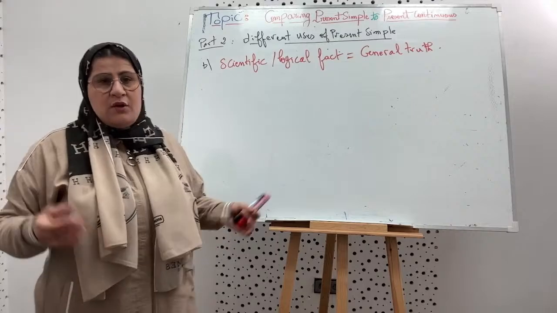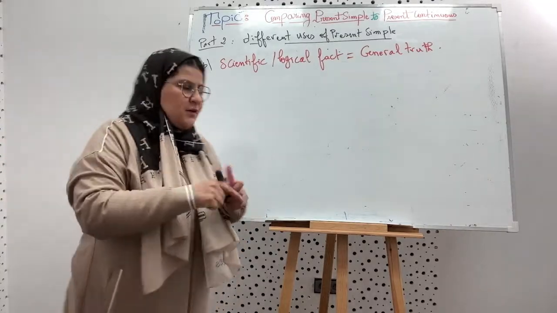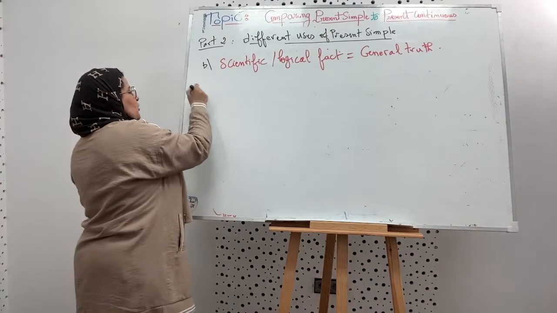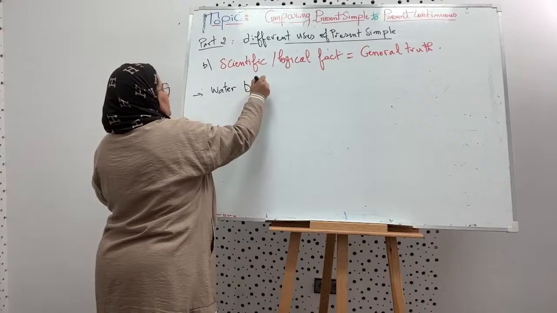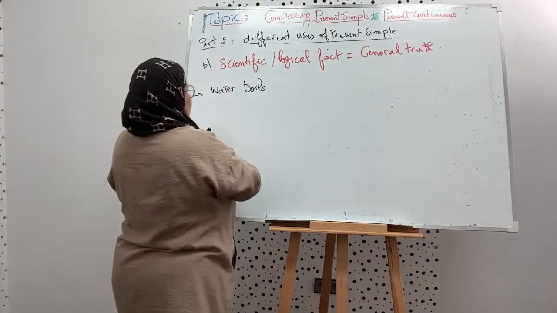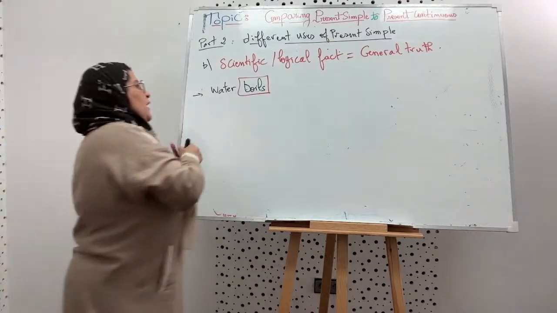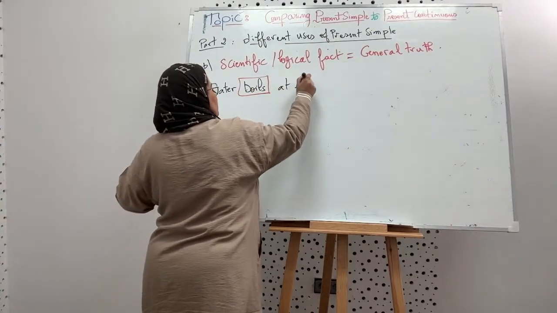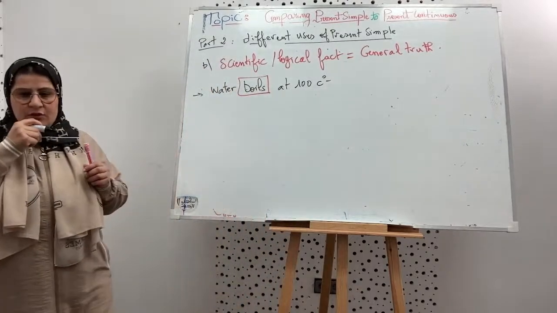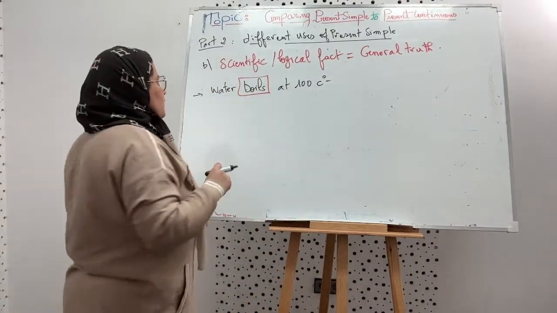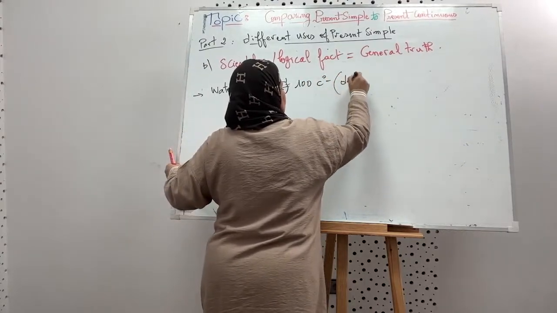For example, water boils at 100 degrees Celsius. Okay, let's write the example. For example, water boils. You see the present simple. Water boils at 100 degrees Celsius. So here we are talking about a scientific fact.